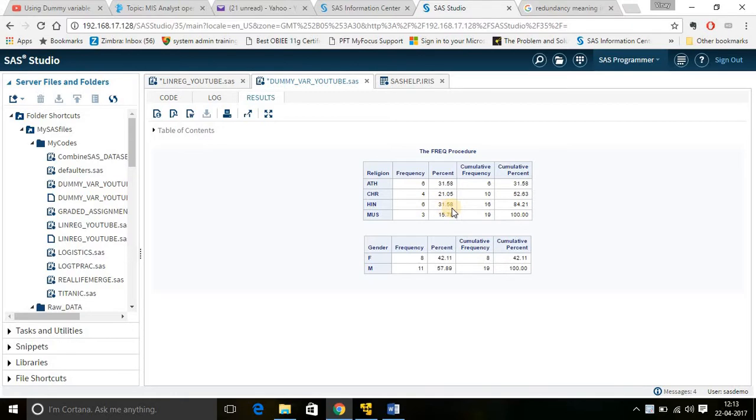Hindus are 31% again. Muslims are 15%, very less. So this is how the religions are distributed. Gender is male and female. Frequency is 8, male is 11 and female is 8. So this is how the categorical variables are distributed.